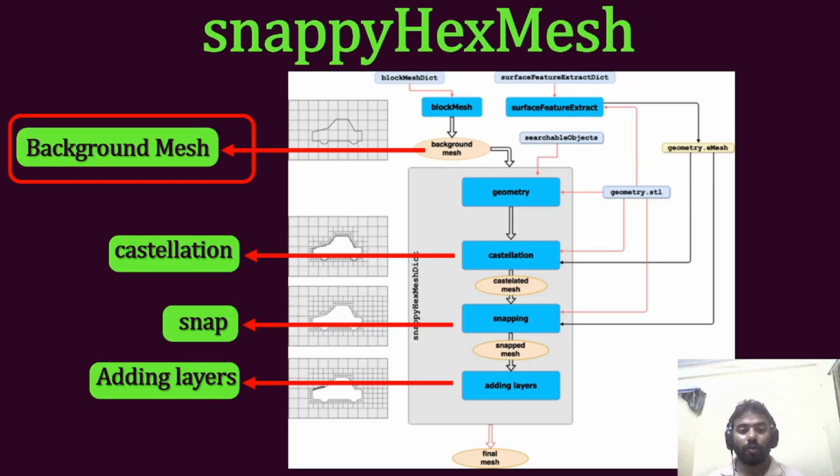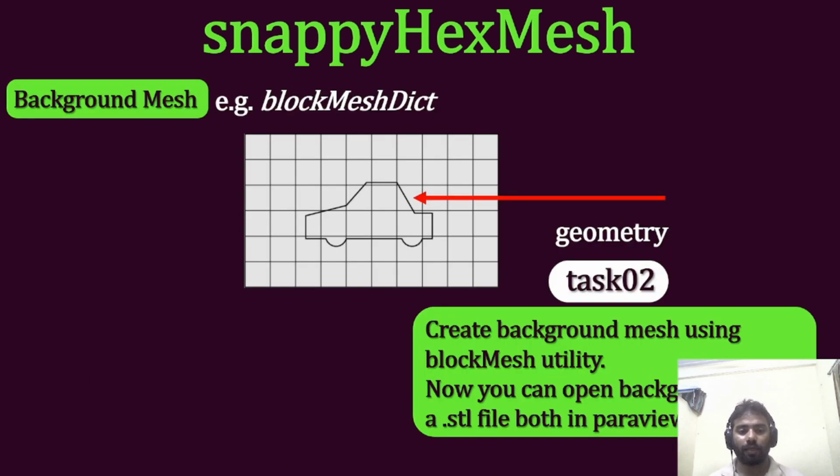Okay, so here I am going to talk about how to create a background mesh. This is the first step, and then we are also going to specify the geometry. Using blockMesh we are going to create the background mesh, and I will also create an STL file. To create the STL file we are going to use ParaView here.